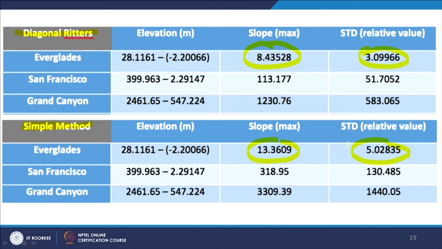So, different for different terrains. This is the point which I have been mentioning. If a lot of variations are present, results are going to be different. If fewer variations are present, results are going to be different, no matter what method you employ.